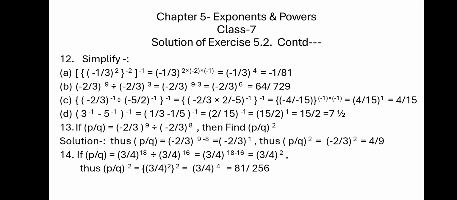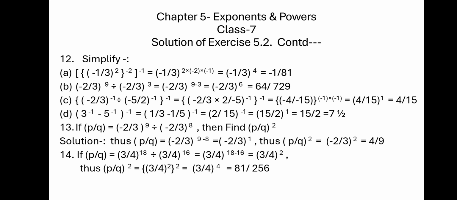Now D question. 3 raised to the power of negative 1 minus 5 raised to the power of negative 1 and the whole raised to the power of negative 1 is equal to 1 upon 3, because 3 raised to the power of negative 1 is 1 upon 3 minus 5 raised to the power of negative 1 is 1 upon 5. Here the law is a raised to negative m is equal to 1 upon a raised to m. This is applicable here.